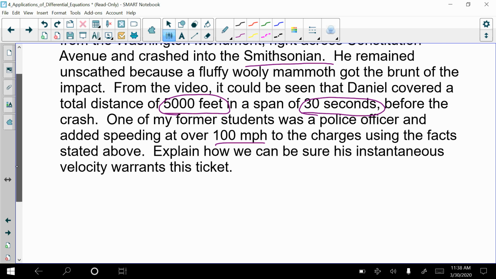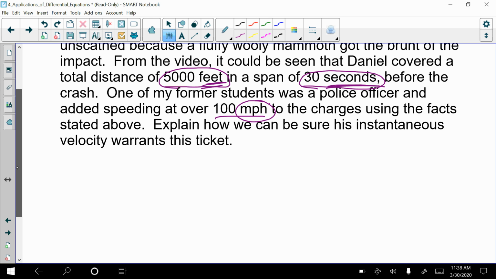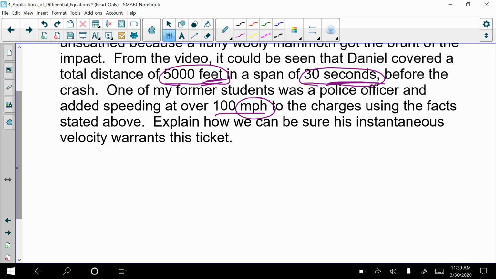Well, take a look at what we know right now. We know that he traveled 5,000 feet in 30 seconds. So the time difference here, we're looking at miles per hour, and we know that we have feet per second. So we want to be able to take that value and convert it into miles per hour.